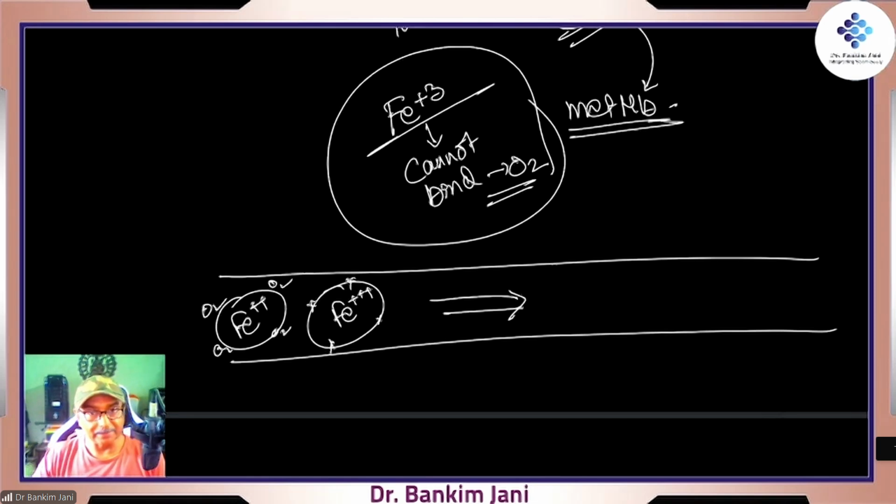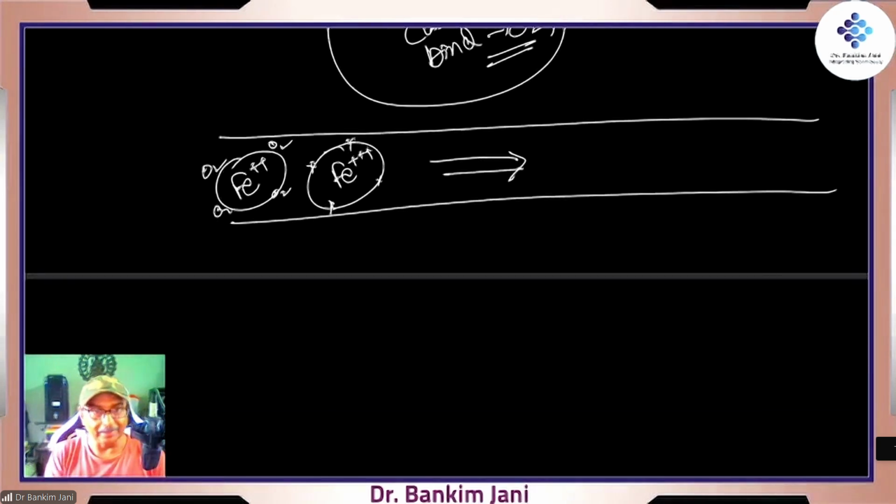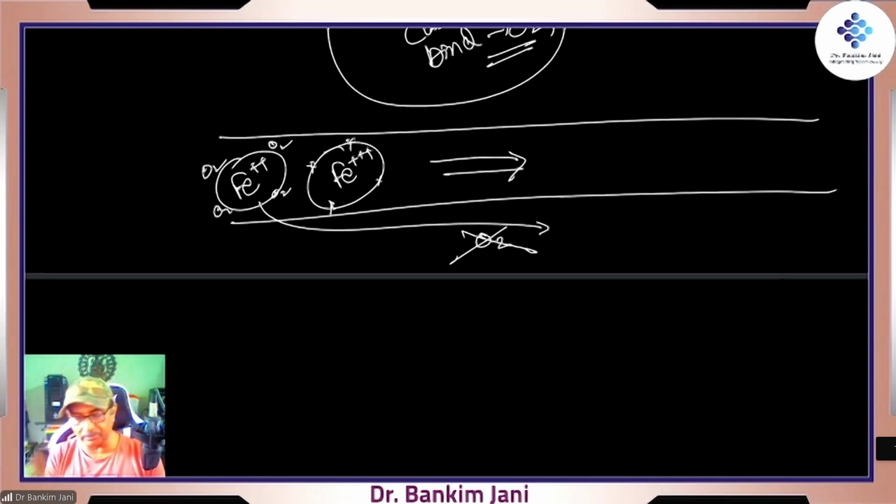But the problem is that the remaining Fe2 won't allow even its oxygen to be released. It will affect even the others. As the concentration increases, it affects even normal hemoglobin, so they also cannot unbind and release their oxygen. And the tissues suffer, because this is also hemoglobin, so it cannot release it.